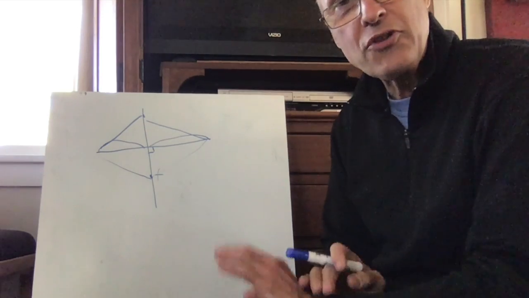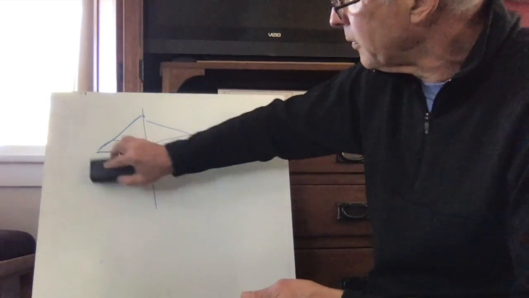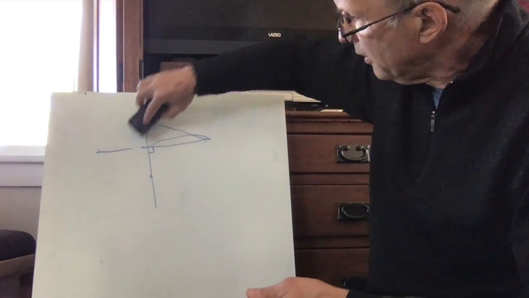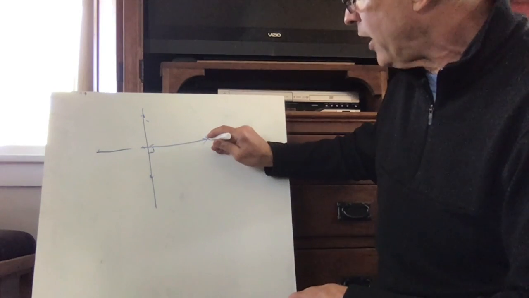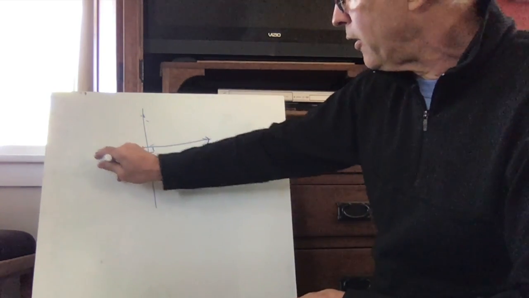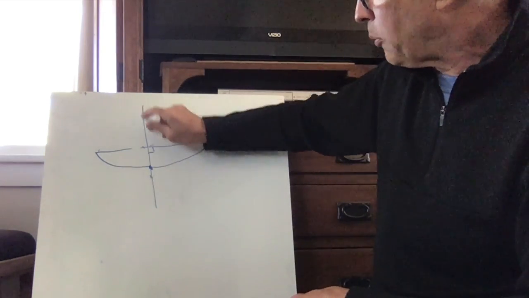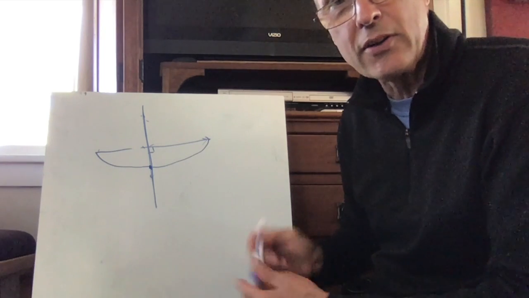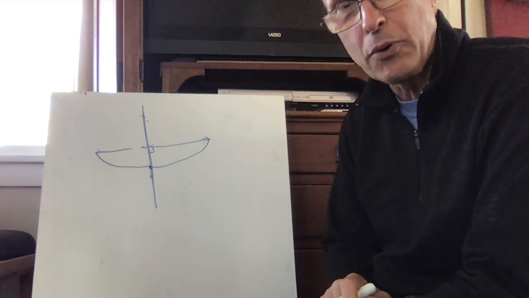Theorem 5.2 is just the converse of that. If I start from the endpoints and go the same distance, this much and this much, and I end up at a point, that point is going to be on the perpendicular bisector. So it's exactly the reverse of 5.1.